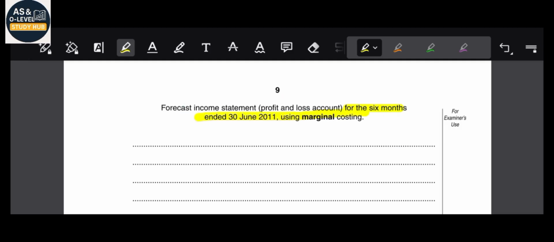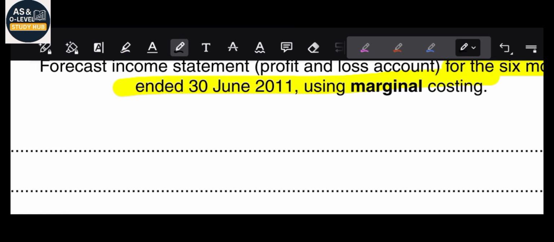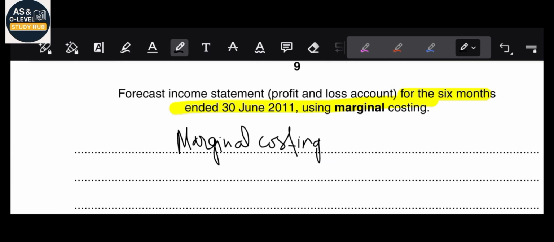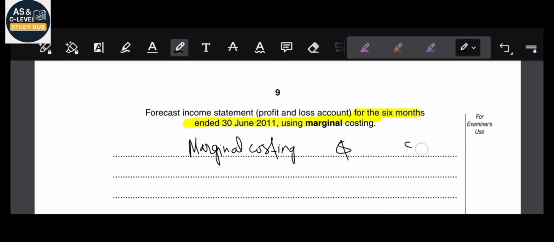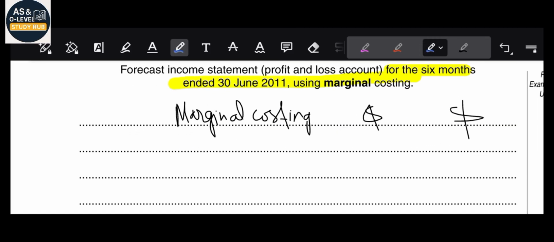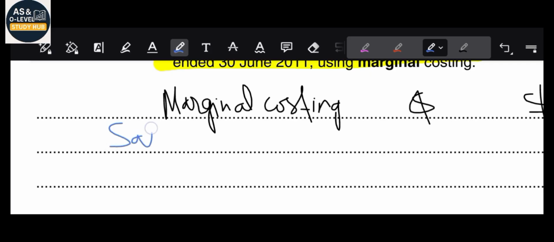So let's get started. Now let's make the marginal costing profit statement. First I will write marginal costing. According to the format, as you already know, we always write the sales first, whether it's absorption costing or marginal costing.